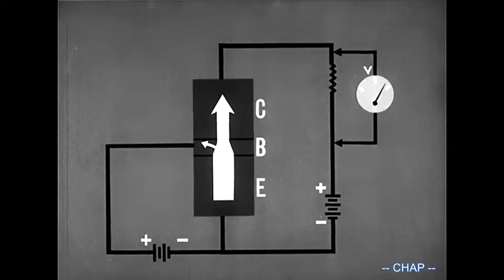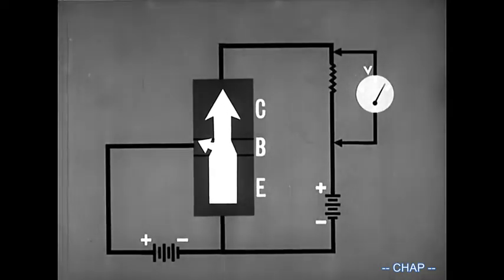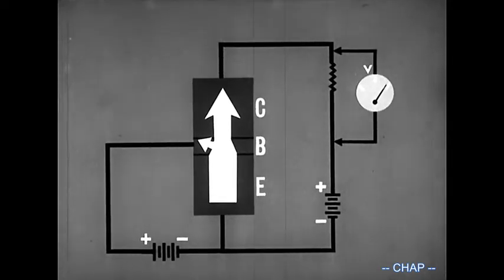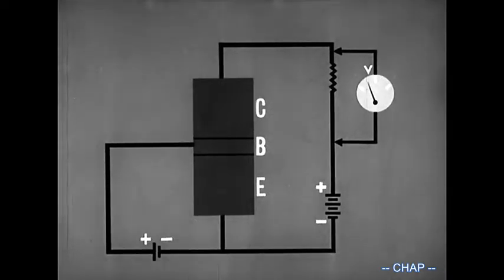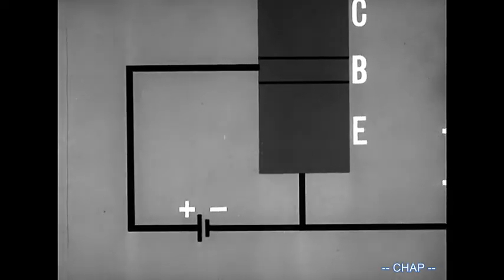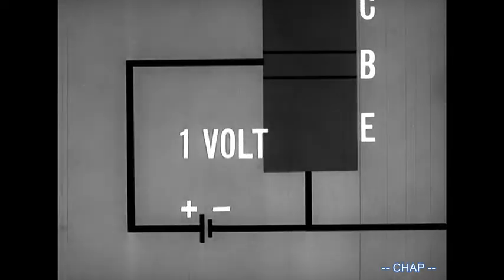The amount of current flow is increased or decreased by varying the forward bias voltage. The higher this voltage, the more current flow through the transistor. Lower voltage, less current. Forward bias voltages used with transistors will rarely exceed 1 volt.